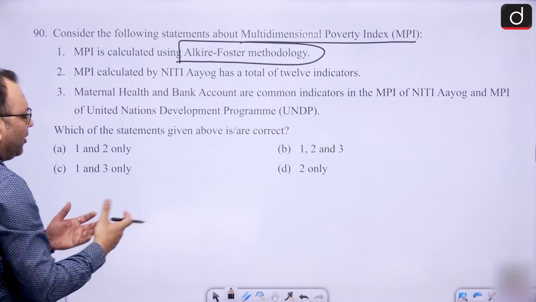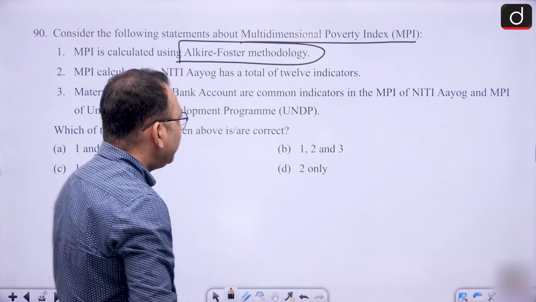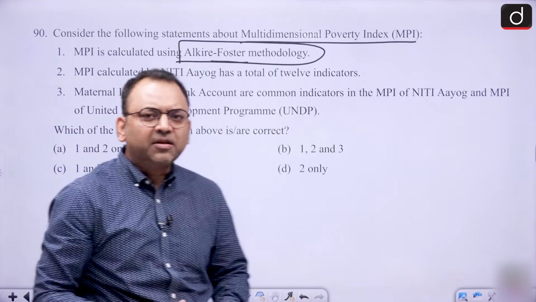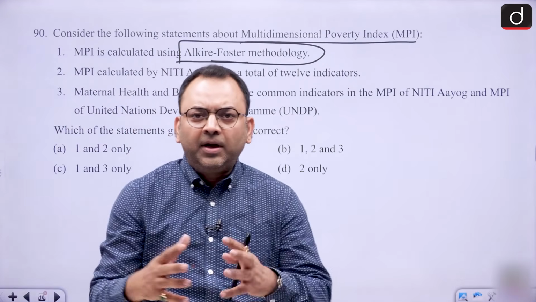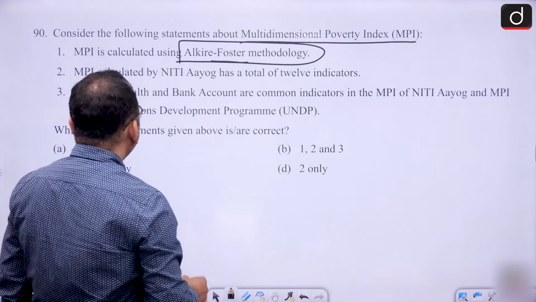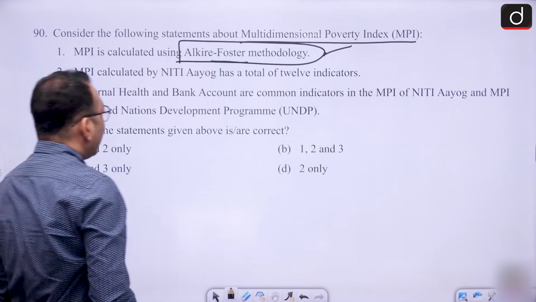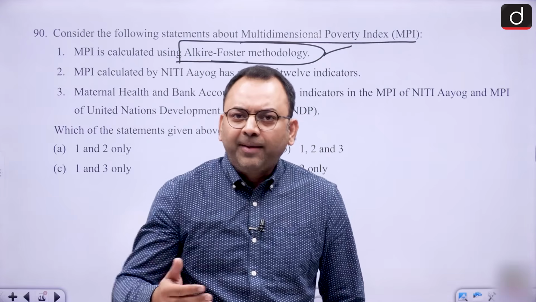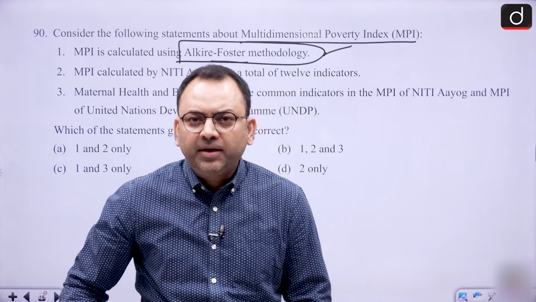Alkire-Foster methodology. It's a factual part that Sabina Alkire and James Foster devised a system of taking multiple indicators to measure poverty. So it's a true statement. Answer is true. Friends, UN Development Programme launched MPI in 2010, right?